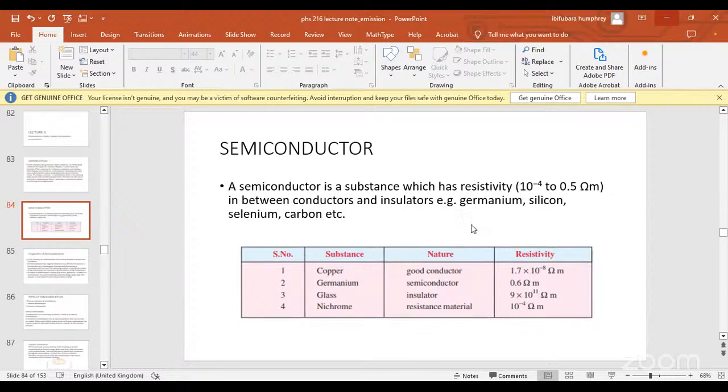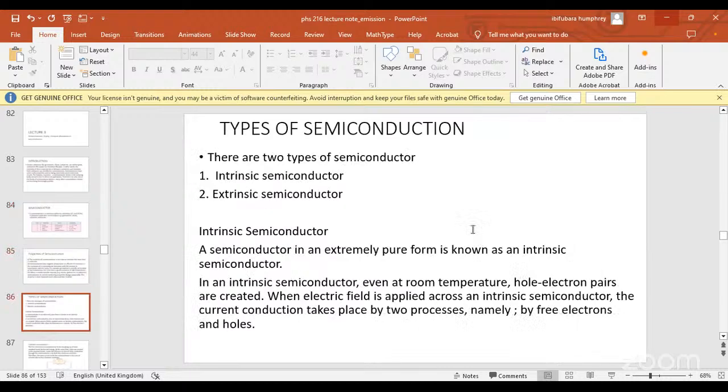We started this topic last week, semiconductors, which are materials that have properties between an insulator and a conductor.